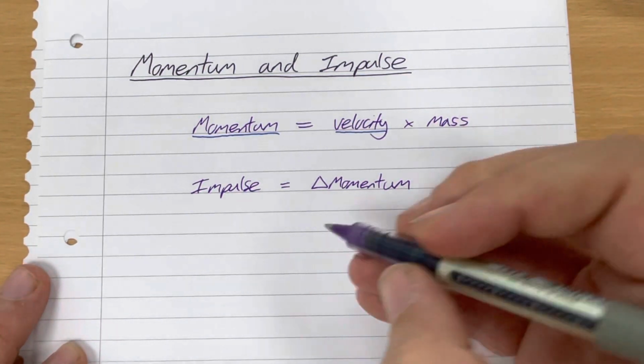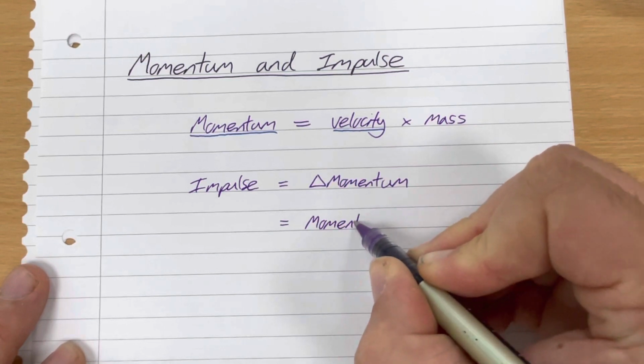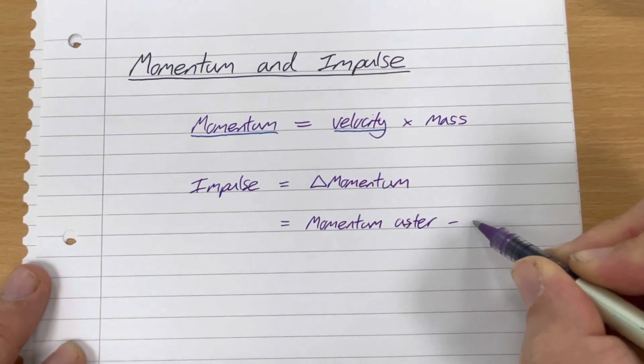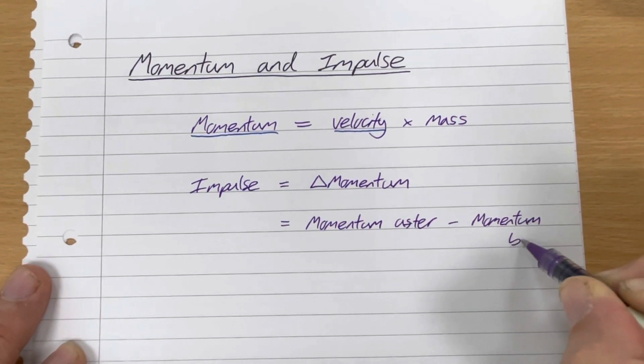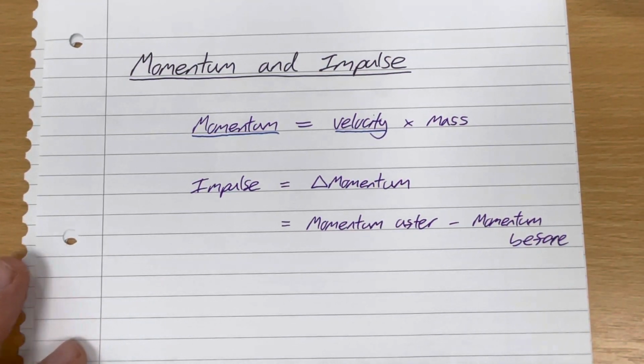So that is essentially momentum after the event, subtract momentum before the event, whatever the event is. It's usually a collision on this course, but it might not necessarily be a collision.